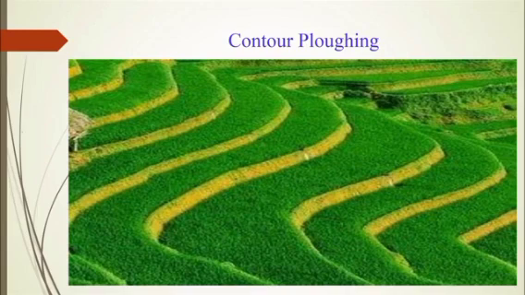These contour lines create a water break which reduces the formation of rills and gullies during times of heavy water runoff, which is a major cause of soil erosion. The water break also allows more time for the water to settle into the soil. So here we can see the picture of contour plowing.